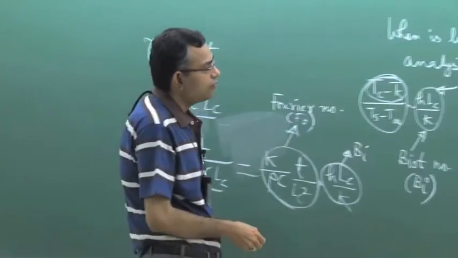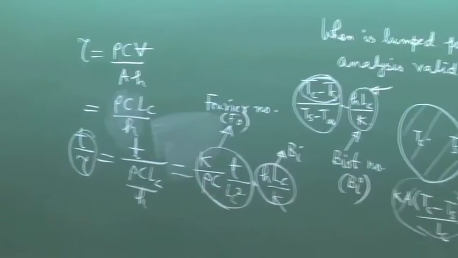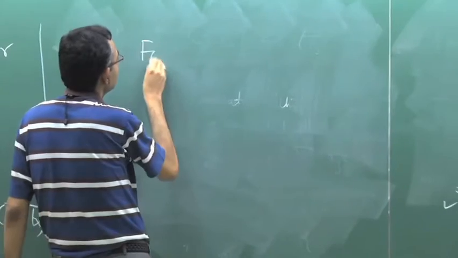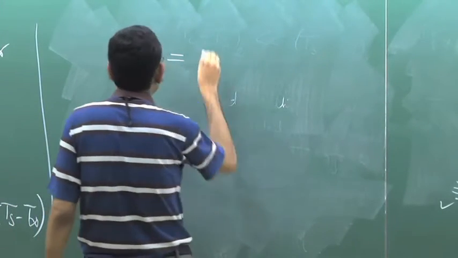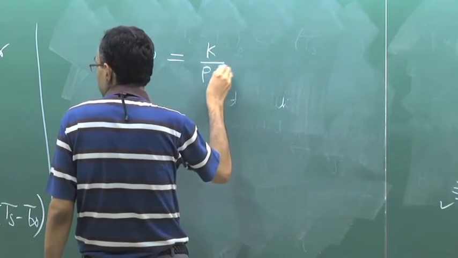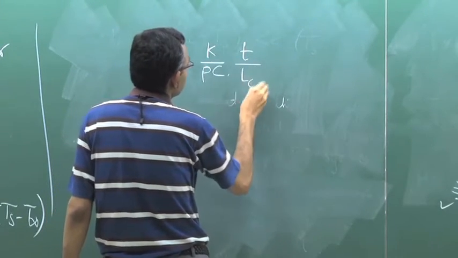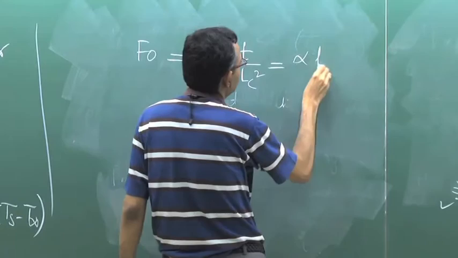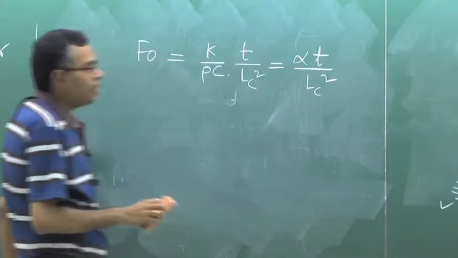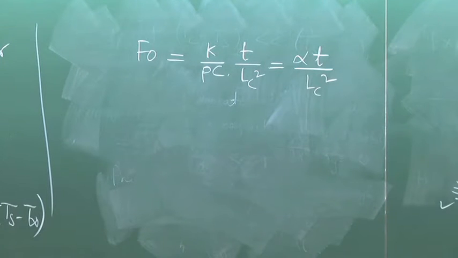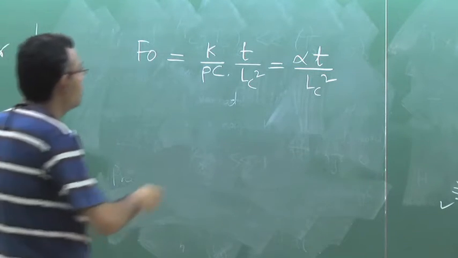So how do you define the Fourier number? Where alpha is the thermal diffusivity, alpha is K by rho C, that is the thermal diffusivity.